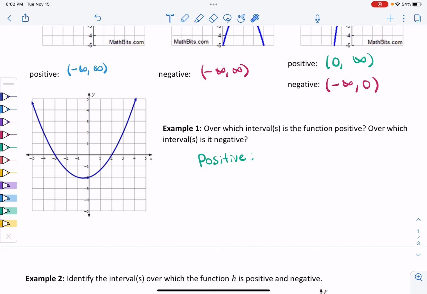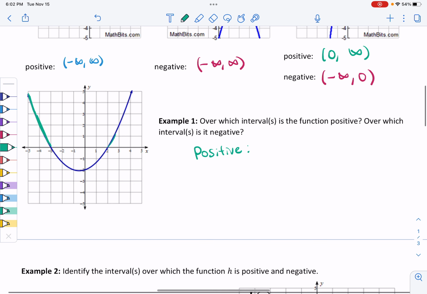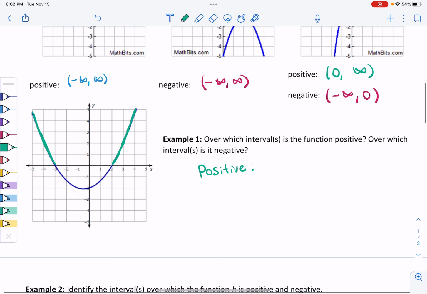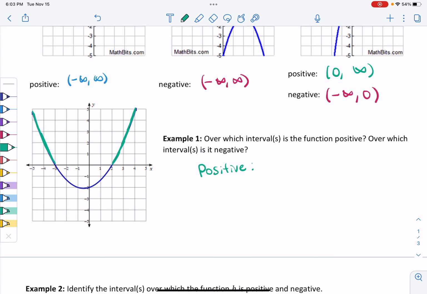When it's positive, it is sitting above the x-axis. As you can see, there are two sections in this graph where it is above the x-axis. The first section is from negative infinity to negative 5, and our second section is from 2 to infinity because it keeps going on forever.